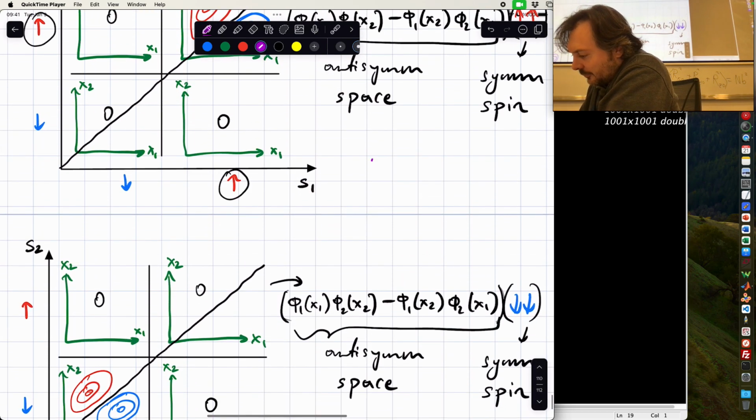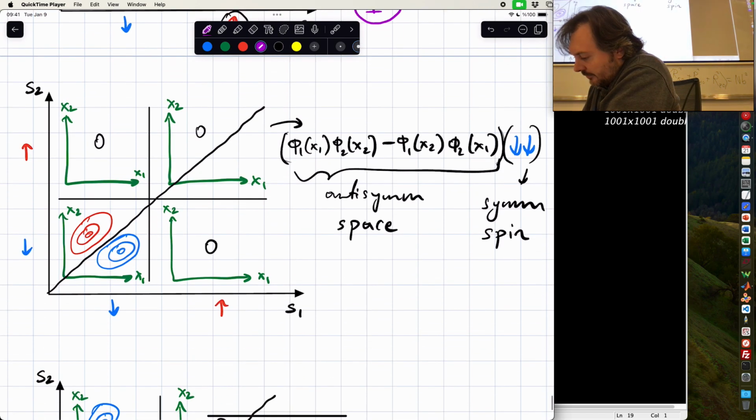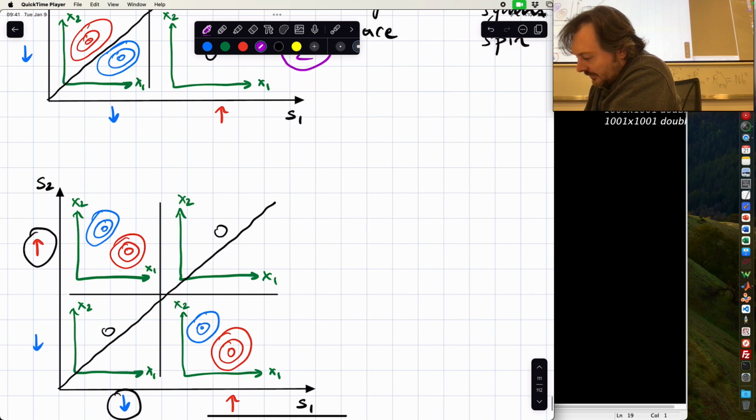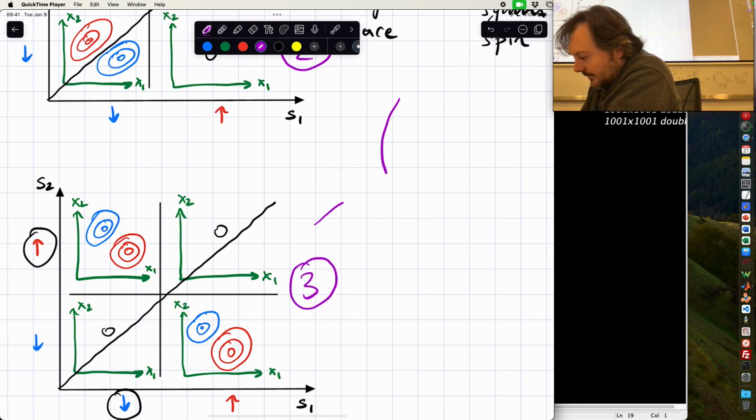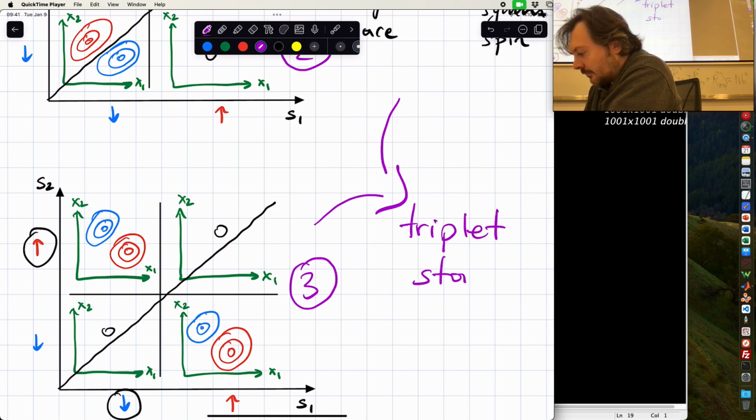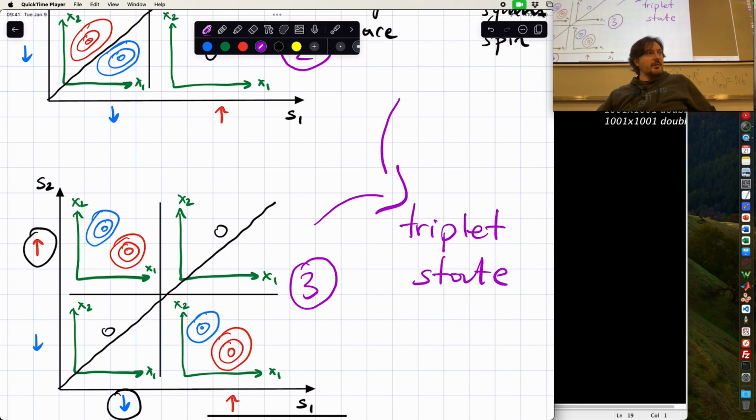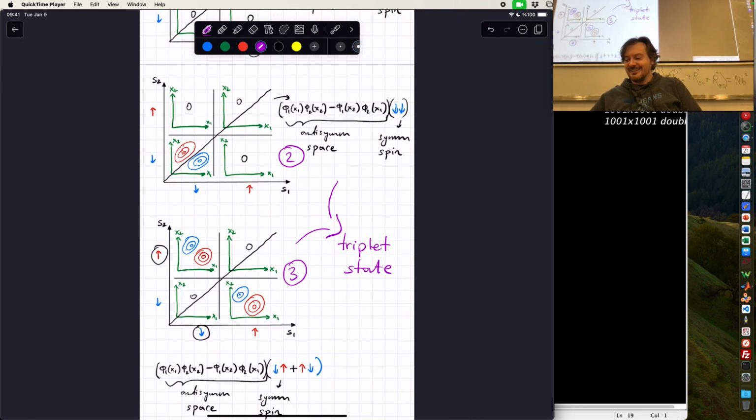And these 3 things, 1, 2, and 3, together form the triplet state. You must have heard of it before. Even if you are doing chemistry, there is this singlet oxygen which is very reactive and so on. There are duplets and octets, but that's a different thing, though they have the same logic.